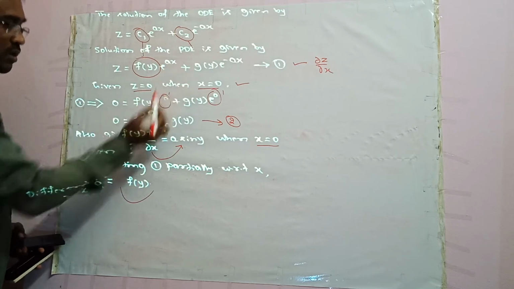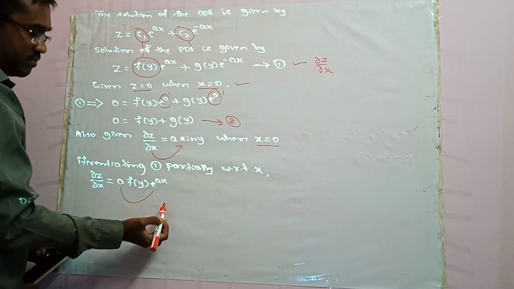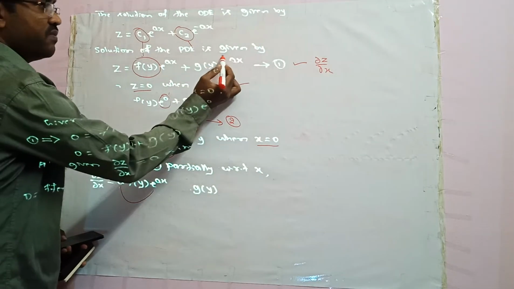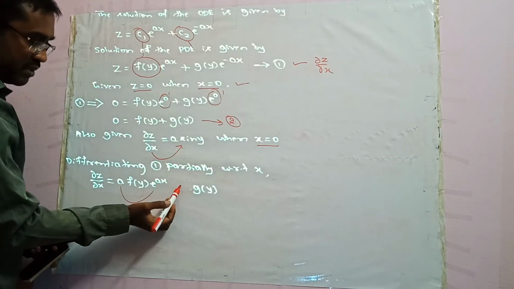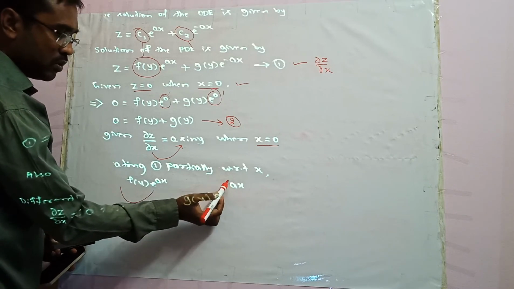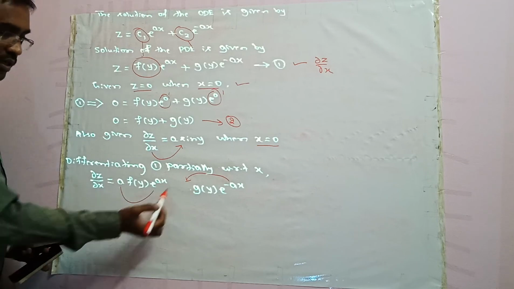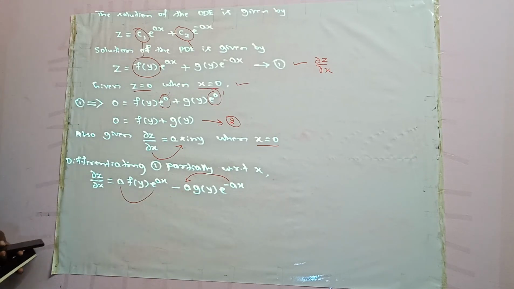The differentiation of e^(-ax) will be minus a into e^(-ax), the coefficient of x, here minus a, being multiplied. So we have differentiated.